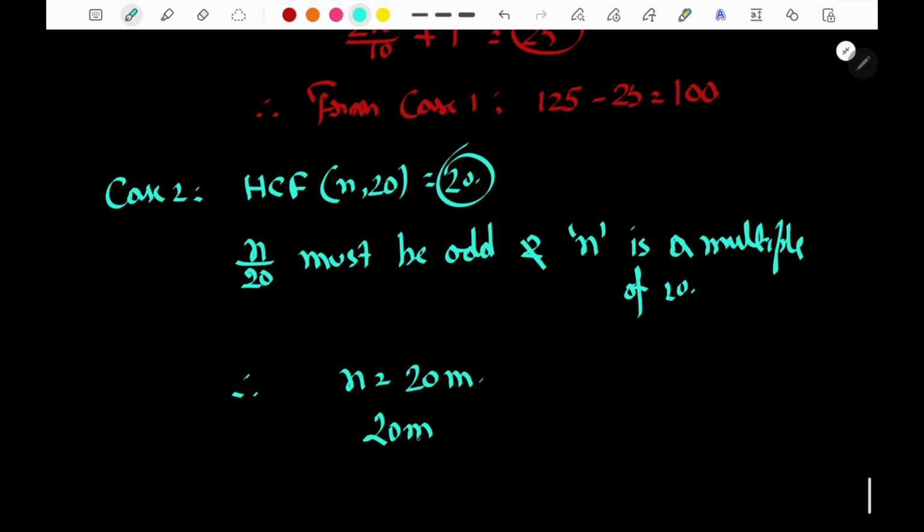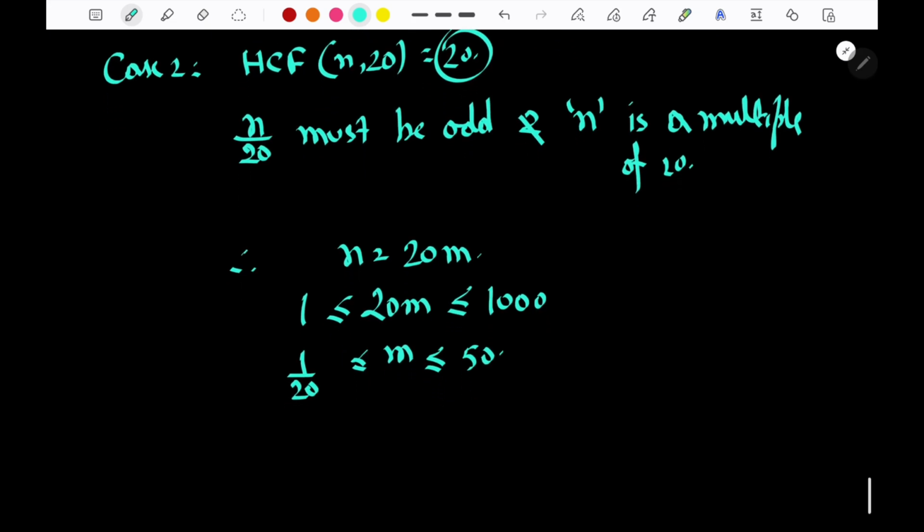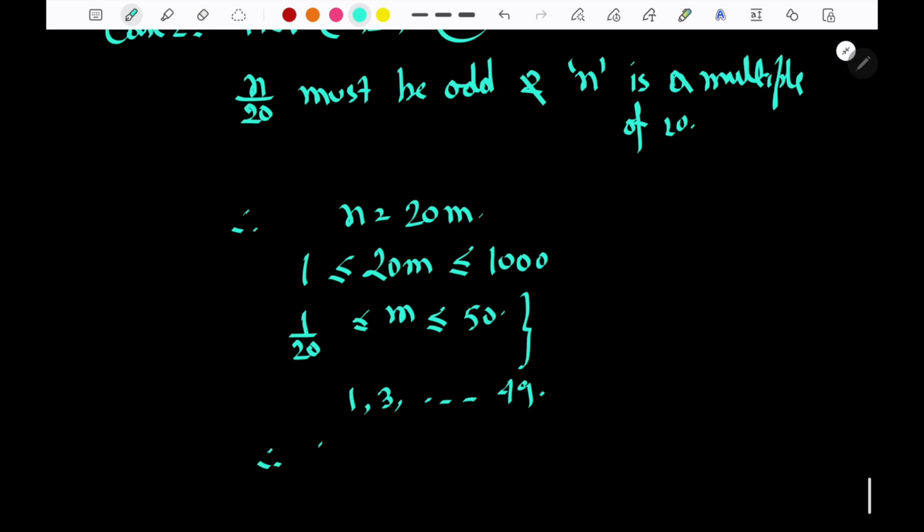So basically 20m lies from 1 to 1000, so m will lie from 1 by 20 till 50. So m must be an odd number, and therefore this will be 1, 3, till 49. Now the count is (49 minus 1) by 2 plus 1, so therefore 25 numbers.